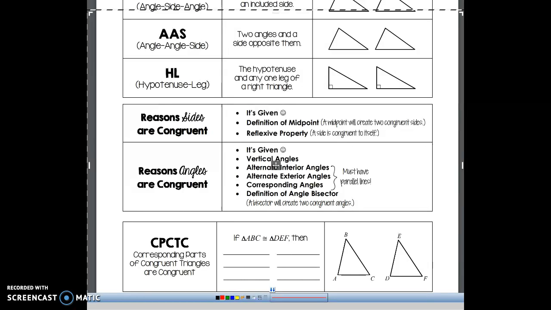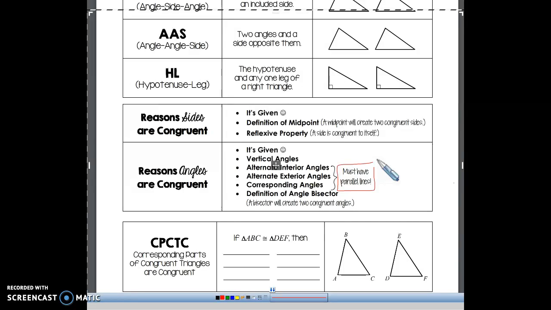Okay, and then some reasons that angles may be congruent. It may be a piece of given information. Angles are also congruent if they are vertical angles. We already know that piece of information. Angles can be congruent if they are alternate interior angles, alternate exterior angles, or corresponding angles. Now, the only way that you can have any of those 3 is if you have parallel lines in your picture.